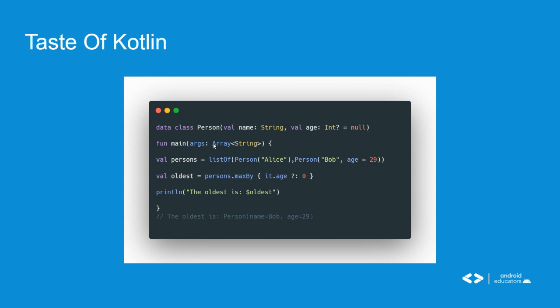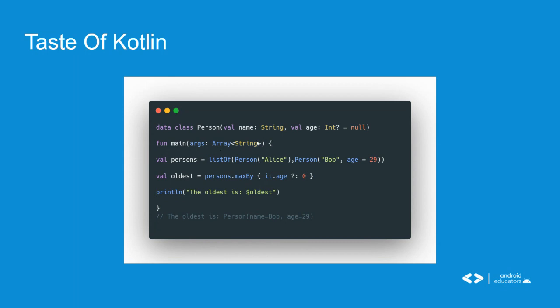Now for function arguments, the way of writing is this. See here, you have args. This args is basically the name of your argument, and next you have this Array. In Kotlin, you don't have a built-in data type or a different way of writing array. Everything here is a class. Even the data types like integer, float, character, string, all of those are classes here.